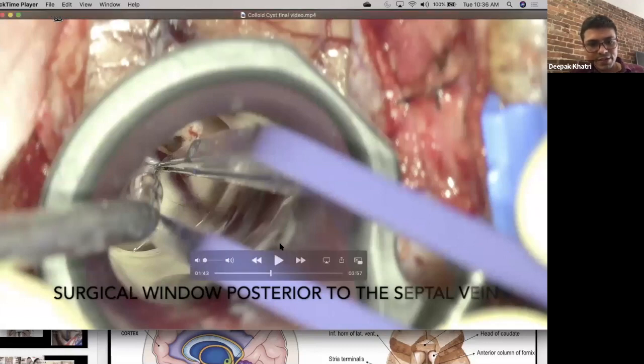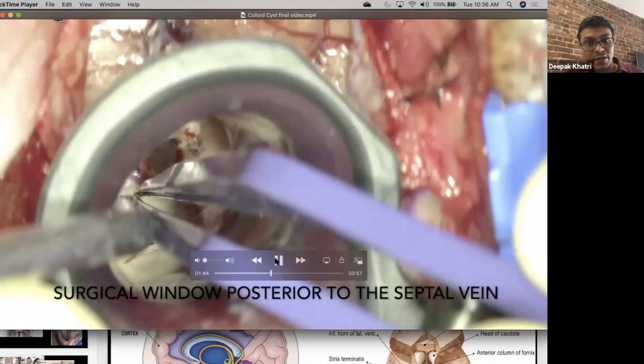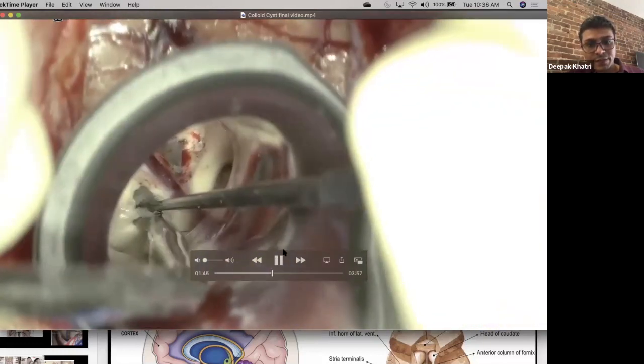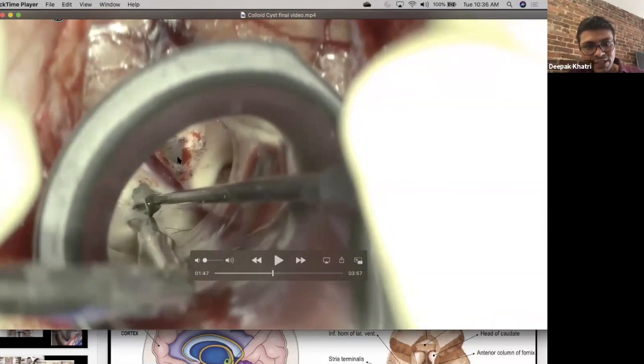So here in this case, we made windows. The small window you can appreciate anterior to the septal vein here is the anterior surgical window, and another surgical window posterior to the septal vein just to preserve it. And after we made the windows, you can see that this slightly gooey structure, which is pale yellow in color, is the cyst.